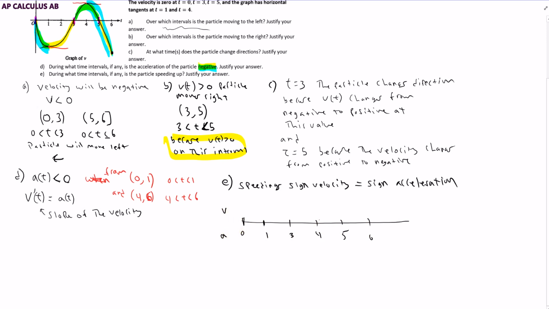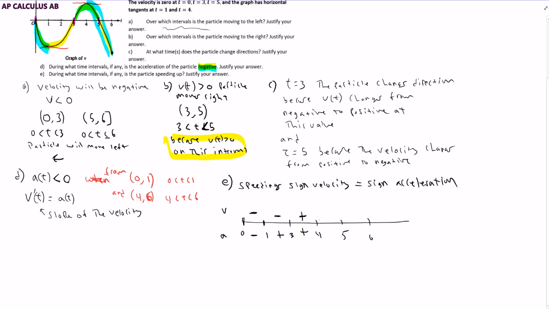All right, so from 0 to 1, the velocity is negative, right? It's below the x-axis, and the acceleration is also negative because it has negative slope. It's decreasing. And then at 1, the acceleration becomes positive because now you can see the slopes are going up from 1 to 3, but the velocity is still negative because it's below the x-axis. From 3 to 4, the velocity is now positive because it's above the x-axis, and the acceleration is still positive because it has positive slope.